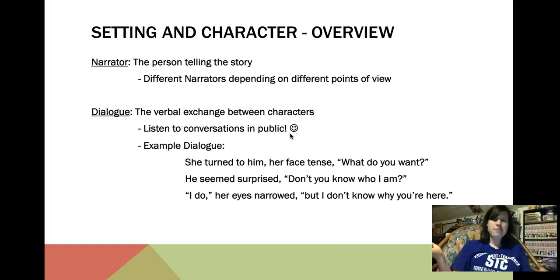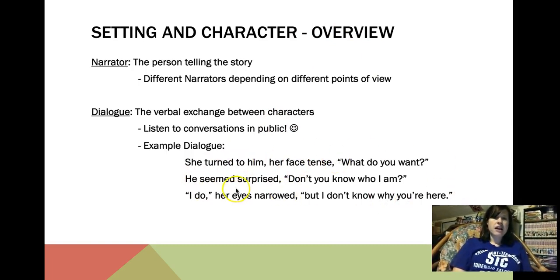I don't know, maybe. But if you're writing dialogue for a story, you have to think, how would these people talk in real life? So I've kind of given some examples here. And then always, as you're writing dialogue, you can interject with a little description of what's happening as they're speaking. But if you do that, just make sure you break your quotation marks and pick them back up.